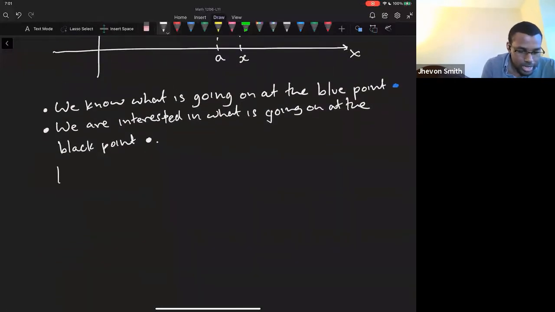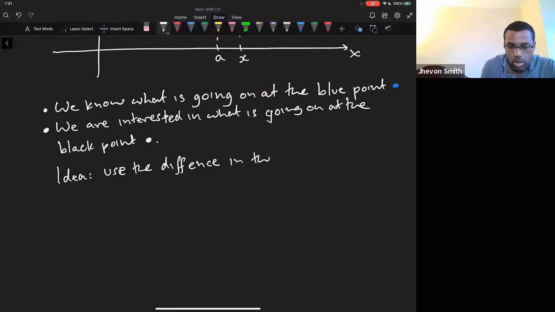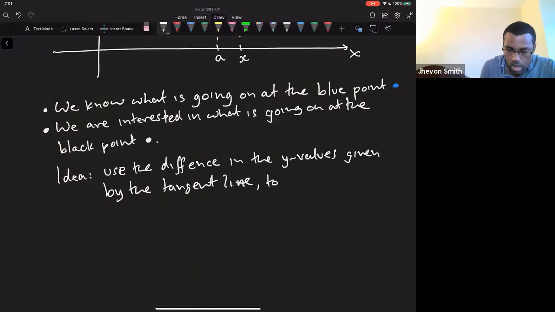The idea is to use the difference in the y value given by the tangent line to approximate the y value of the function.